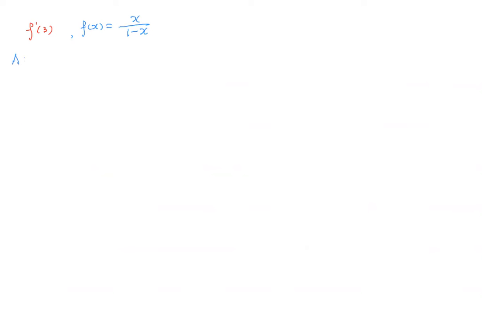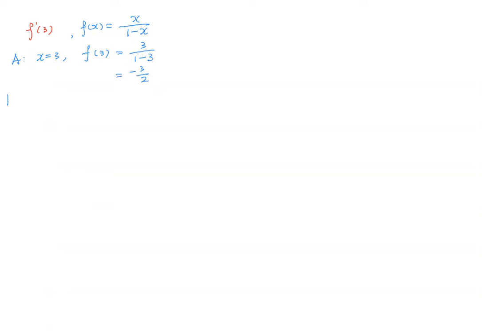Point A, x equal to 3, f(3) equals 3 over 1 minus 3. So this is negative 3 over 2. When you involve fractions, you just have to be careful.